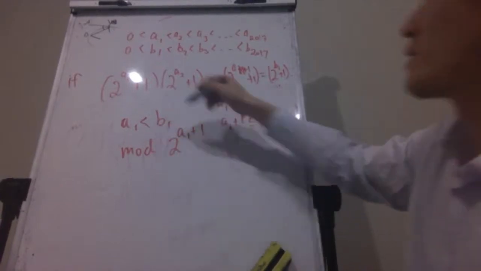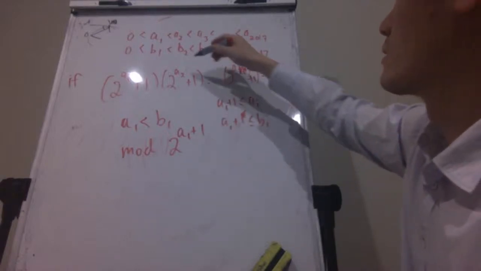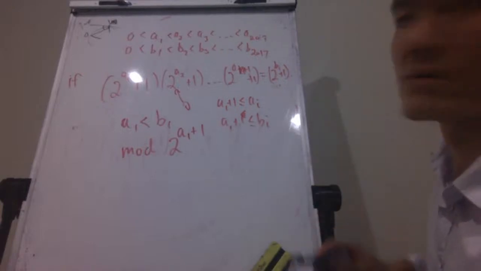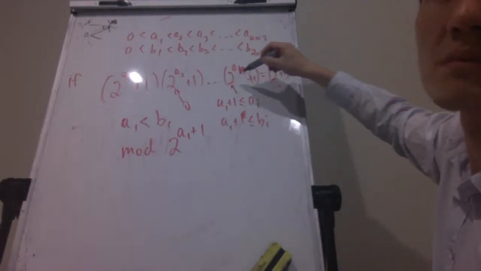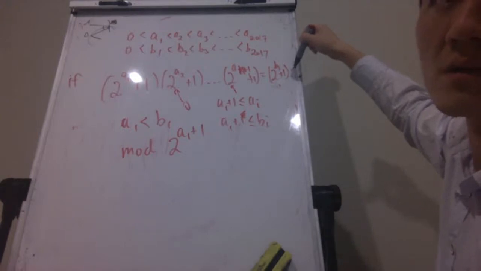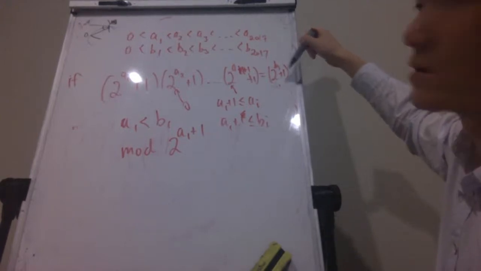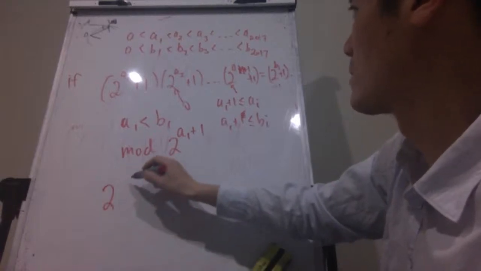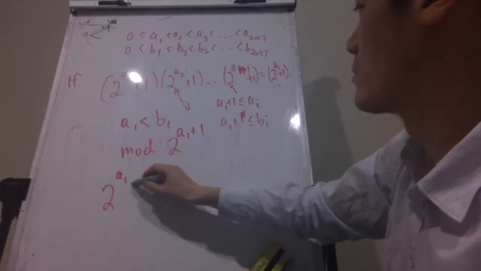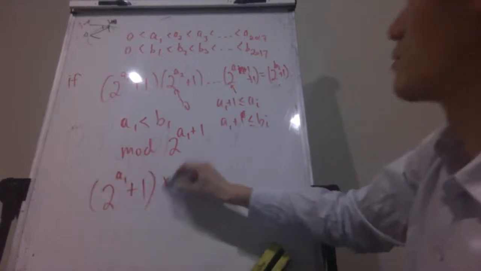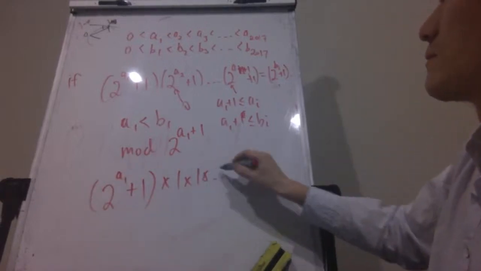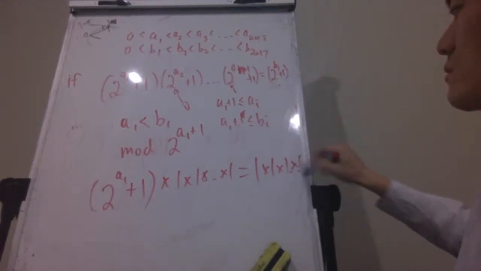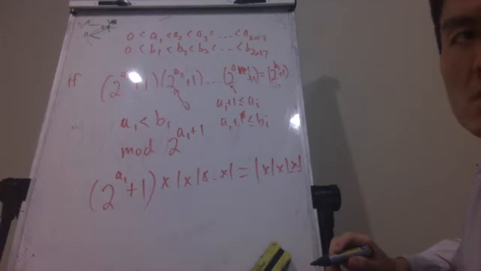So if you take it mod 2 to the A1 plus 1, then this is going to be 0 for all the other ones on the other side. So what you get, mod 2 to the A1 plus 1, is 1 times 1 times 1 equals 1 times 1 times 1.